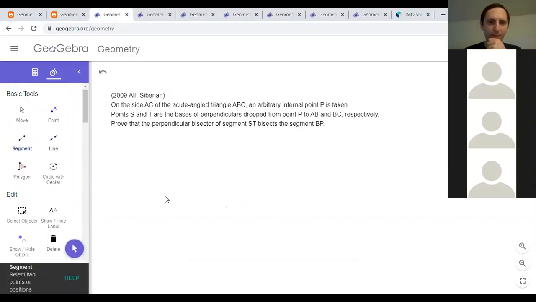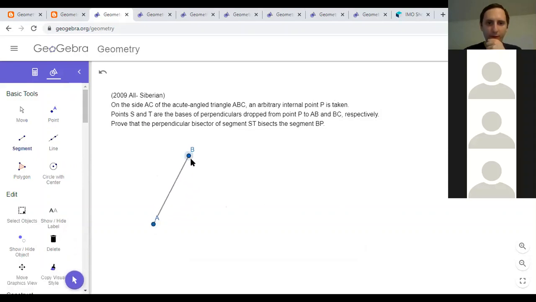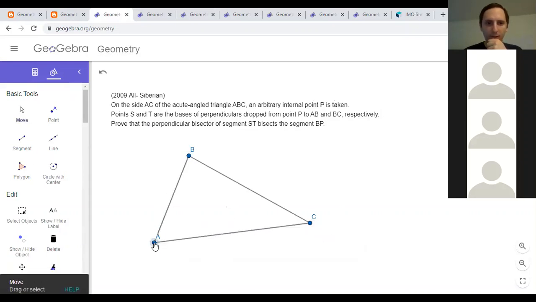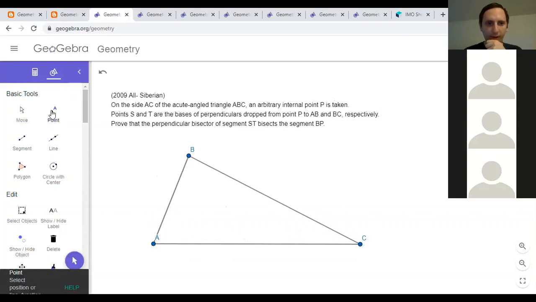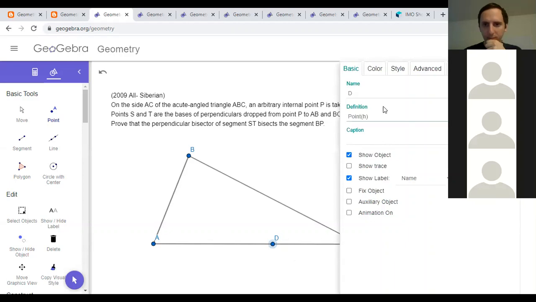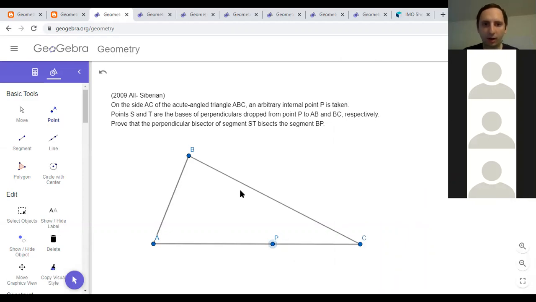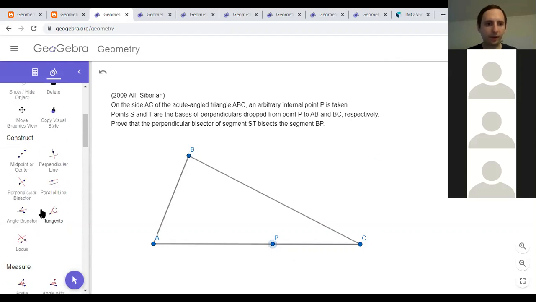So we have a triangle ABC, a point on side AC, and then we drop perpendiculars to AB and AC.